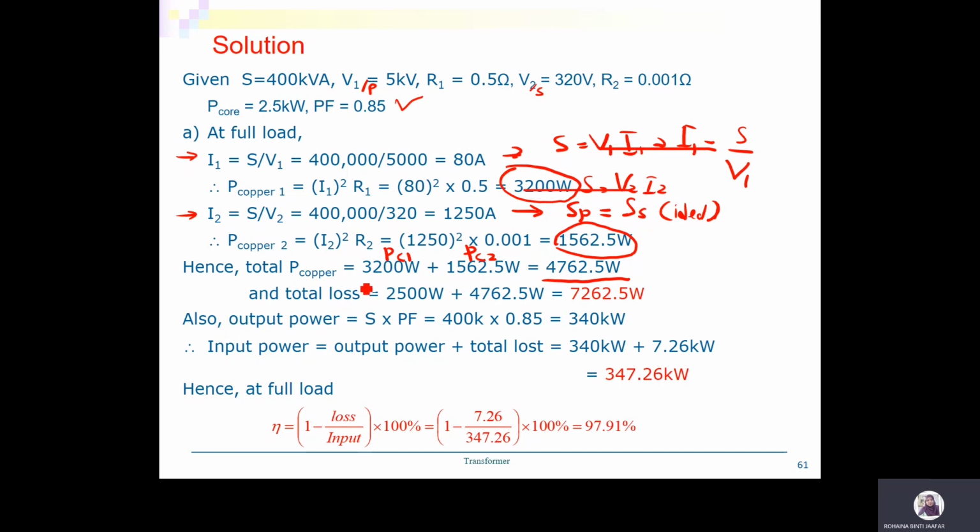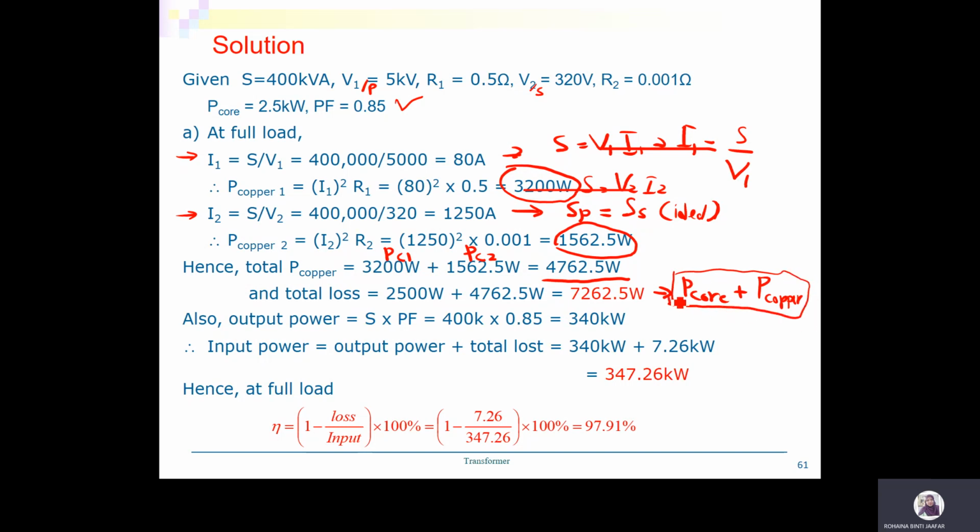And then total losses is core loss plus total copper loss. The core loss is already given as 2.5 kilo, so 2500 watt plus total copper loss, so 4762.5. Okay.